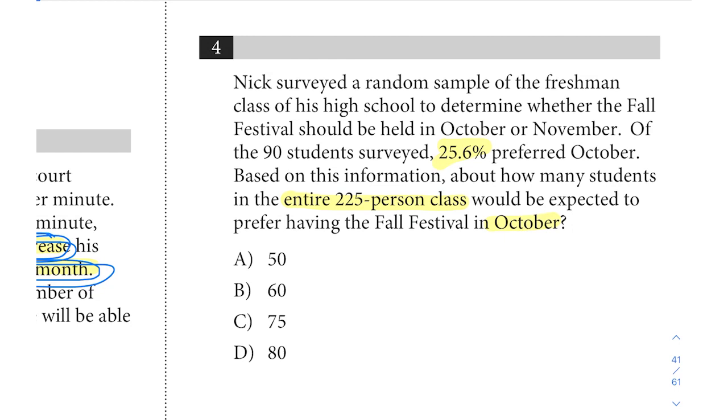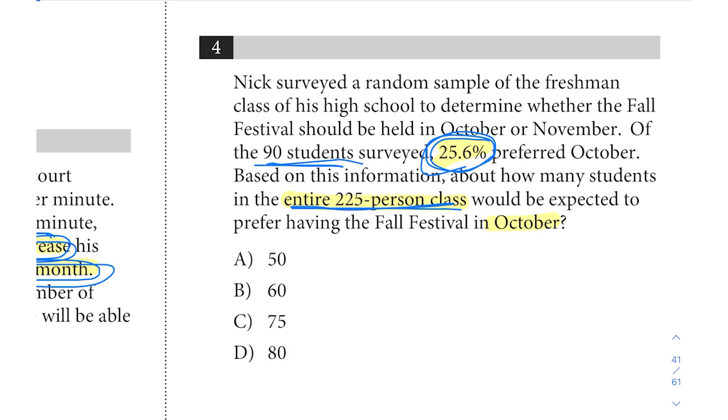Okay, so basically what they're doing here, and you'll see this concept a lot, is they're giving us information about a smaller sample, and they're asking us to apply that to a larger group. They say that this is the percentage of the people who prefer October. So that would be your sample amount of 90 students, but the question is asking how many out of the entire class.